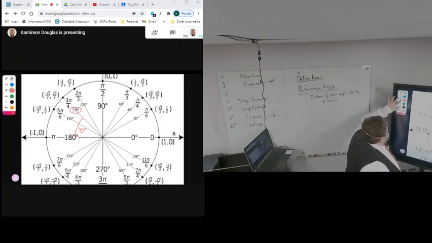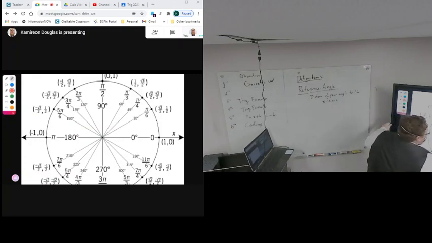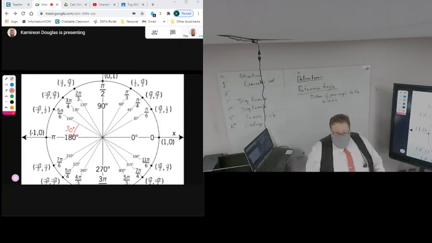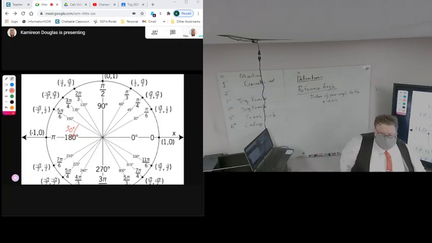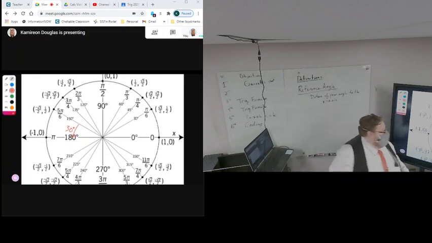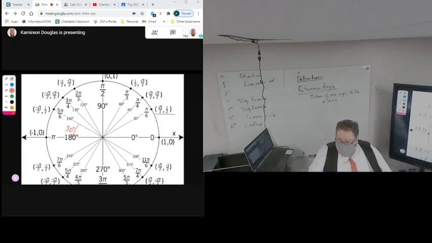Look at 150. 150 is only 30 degrees away from the axis. But look at the 30-degree angle. Look at its values. The 30-degree angle over here has square root 3 over 2 in the first category, positive 1/2 in the second category.